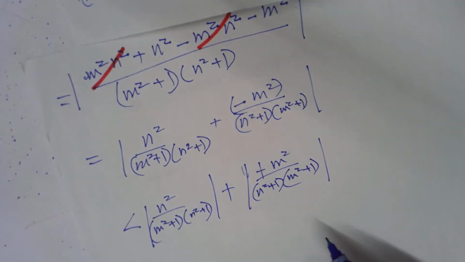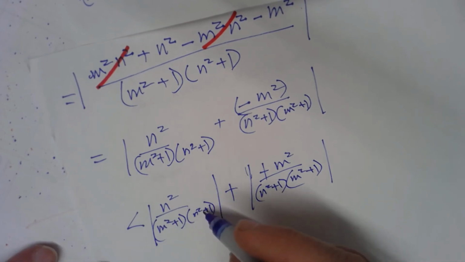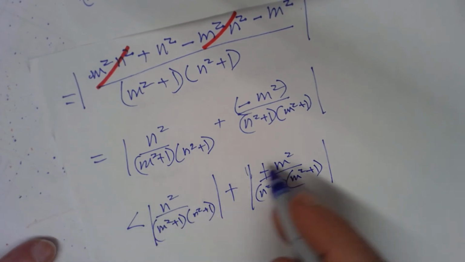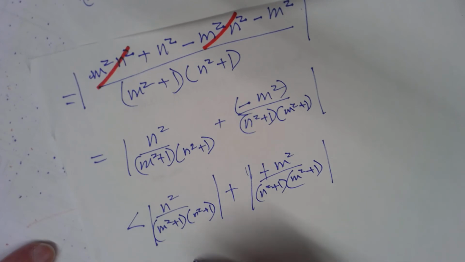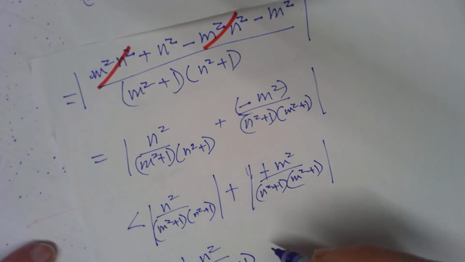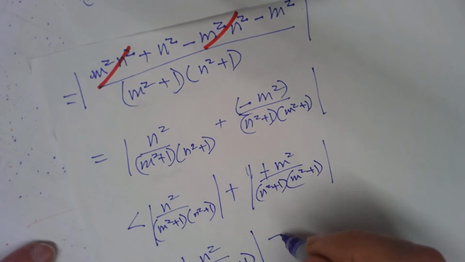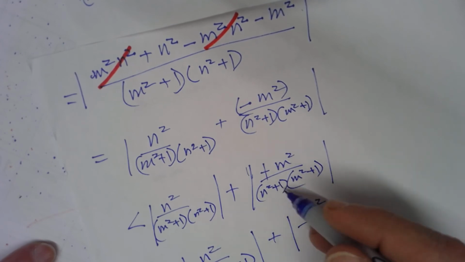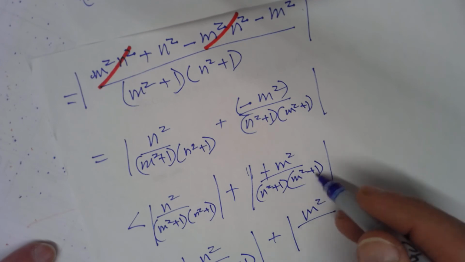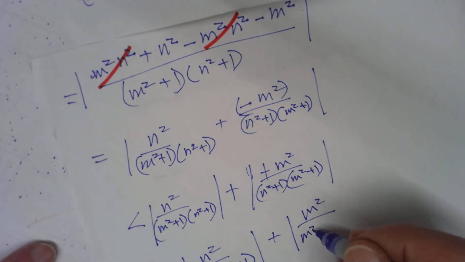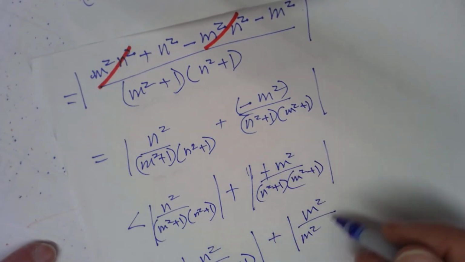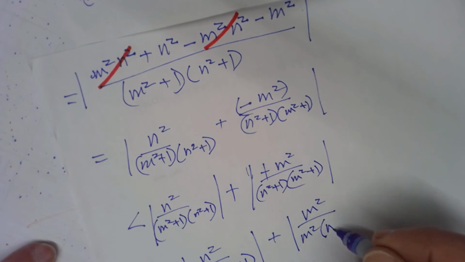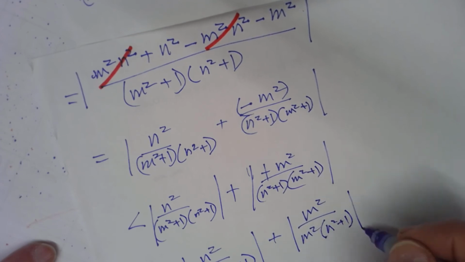And we know that this expression is less than n squared over n squared times m squared plus 1, plus m squared over, and then the m squared plus 1 just becomes m squared, because this is less than this, n squared plus 1.